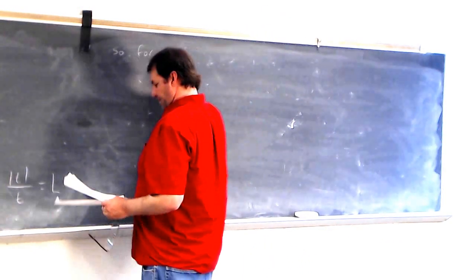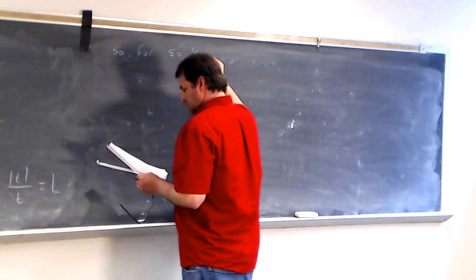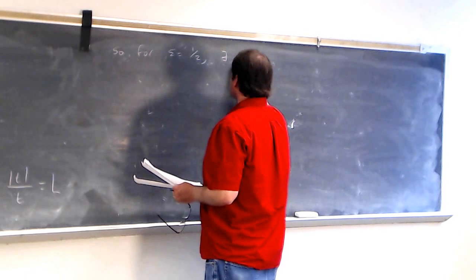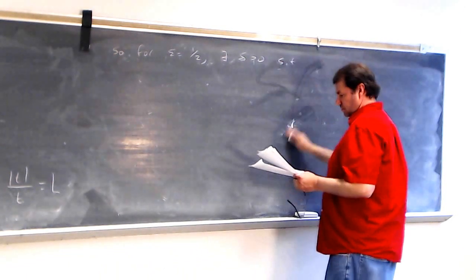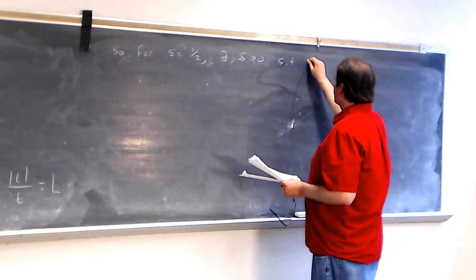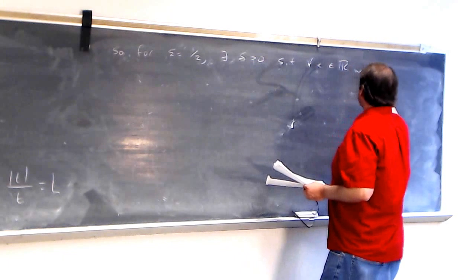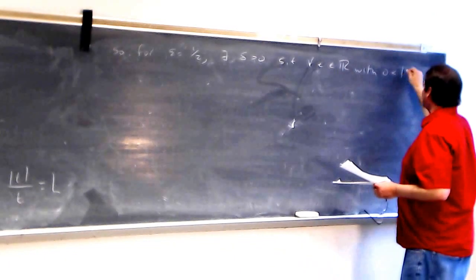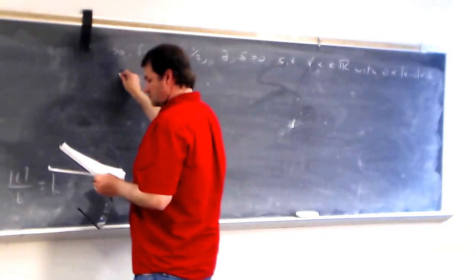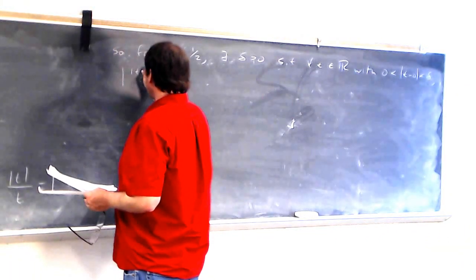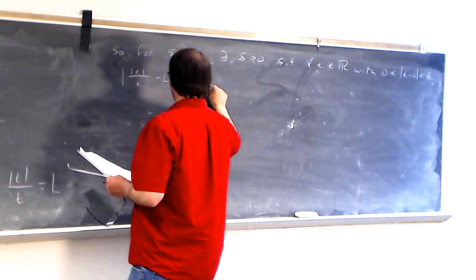So, for epsilon equal to 1/2, there exists a delta greater than 0 such that for all t an element of R with 0 less than the absolute value of t minus 0 less than delta, the absolute value of t over t minus L will be less than 1/2.